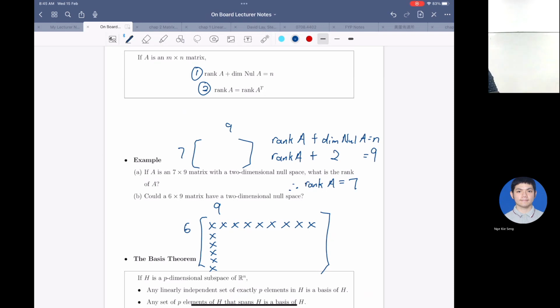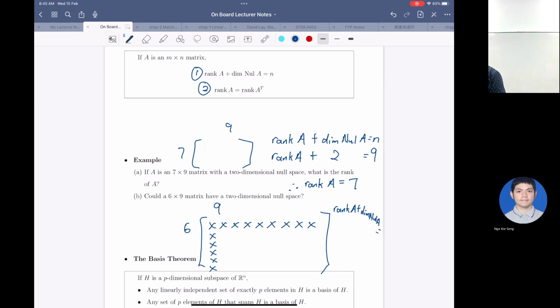You can only have 6 pivots. Yes, correct. So rank A is at most 6, and then you have 9 columns. So 9 minus 6 is 3.